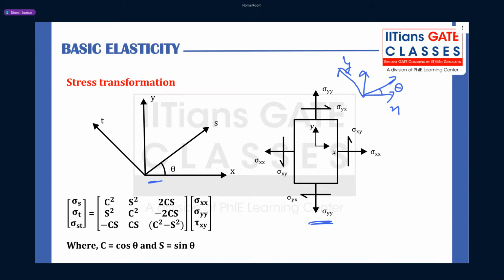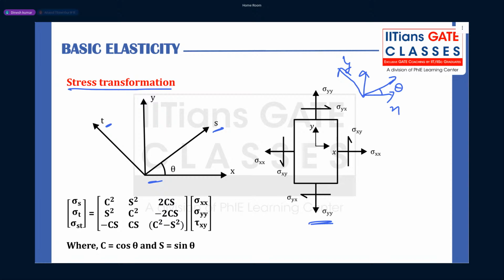When you rotate this, I want to know what my stress is in the S direction and T direction. How do you find it? Has anybody learnt this stress transformation? Sir, using trigonometric functions, we can derive it.